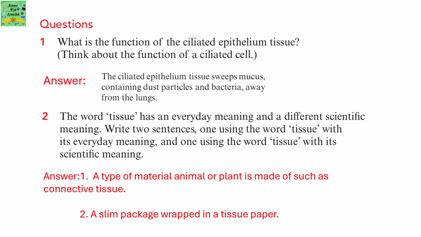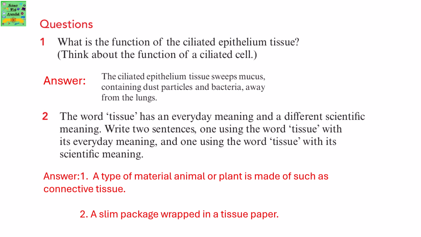What is the function of the ciliated epithelium tissue? The ciliated epithelium tissue sweeps mucus containing dust particles and bacteria away from the lungs. The word tissue has an everyday meaning and a different scientific meaning. You need to write two sentences, one using the word tissue with its everyday meaning, and one using the word tissue with its scientific meaning.